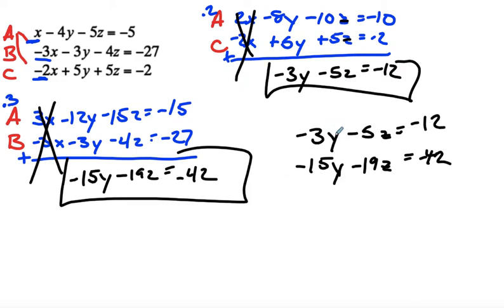Now we have to eliminate again. So is it going to be easier to make a 3 into a 15 or a 5 into a 19? Totally up to you which way you want to go. I think the y's will be easier here because I can think of what I need to multiply 3 by to make 15, which would be 5. Now, since this is already a negative 15, I want to make this a positive 15, which means I'm going to multiply by negative 5.